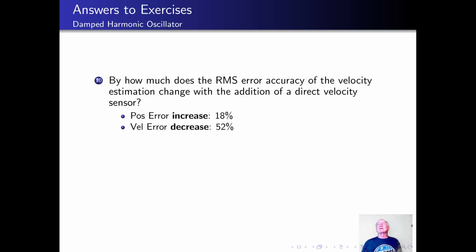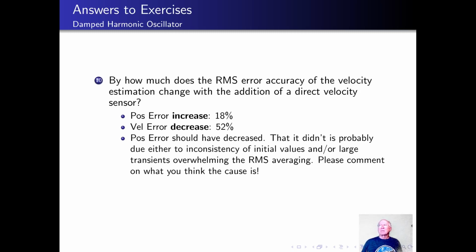The velocity error did decrease as expected, so that's good. As I mentioned, the position error should have decreased. That it didn't is probably due to my problems with making sure I've got apples to apples, and possibly large transients in the RMS averaging that are overwhelming the total average.